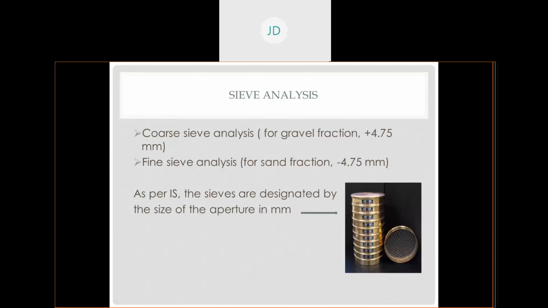Because they are larger than that respective sieve. Now suppose a particular soil sample has some soil particle sizes more than 4.75. If I pour the soil above the first sieve, what will happen? Most of the soil particles may fall down.